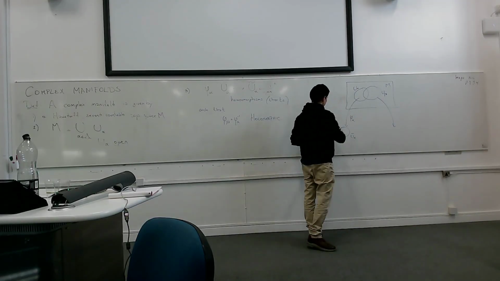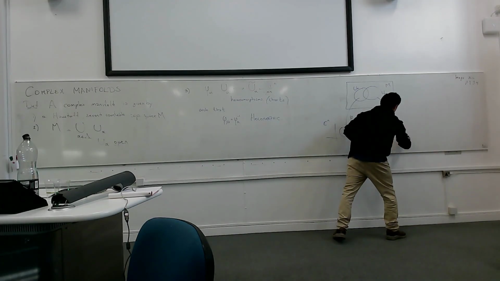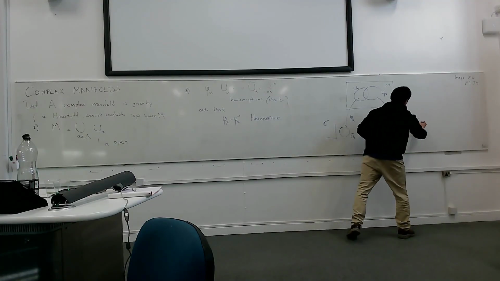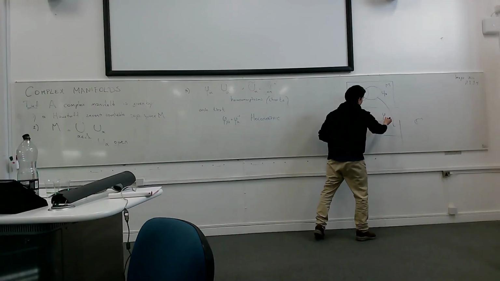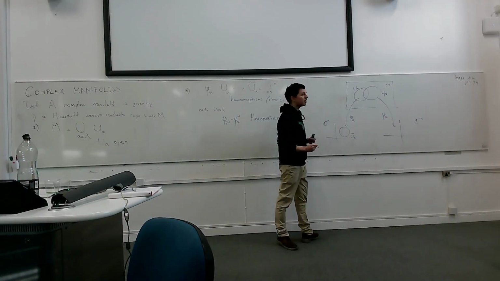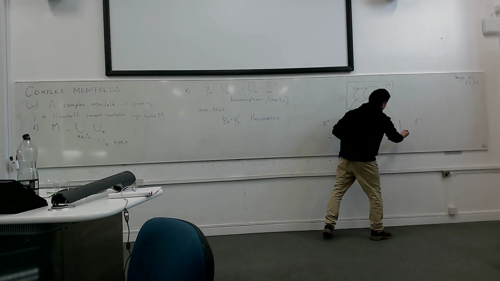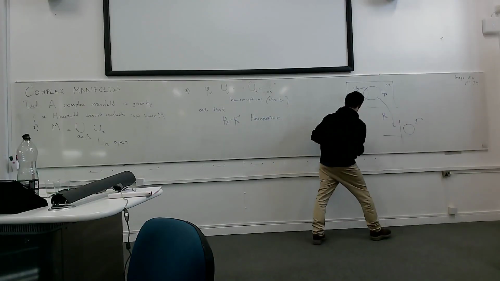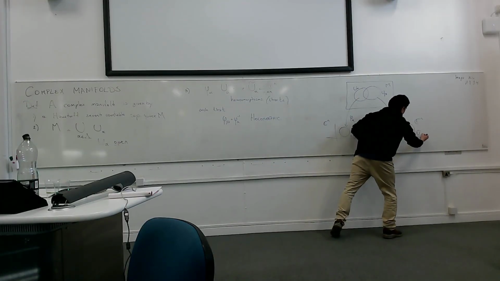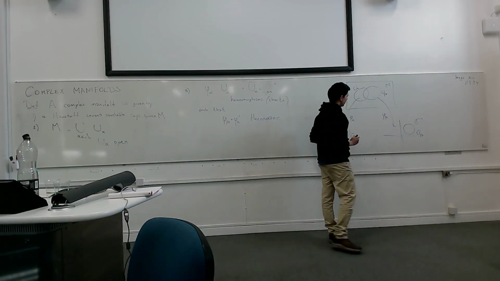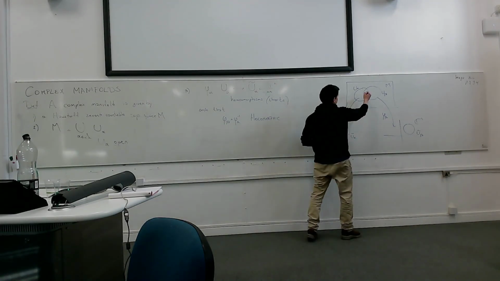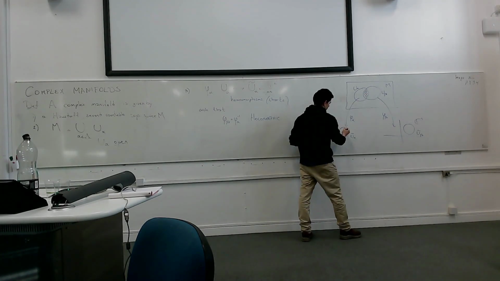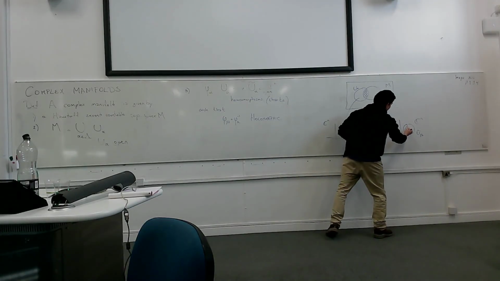When we compare these different charts on their overlap, so I have another chart here, phi beta, then the image is another open set in Cn, U tilde beta, and then we have this transition function.